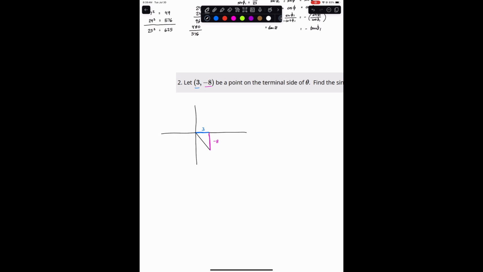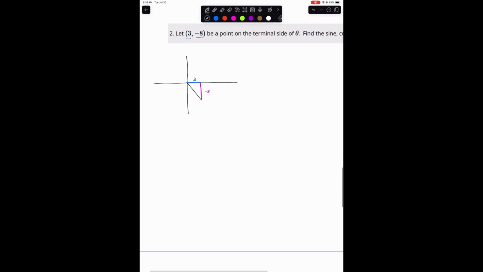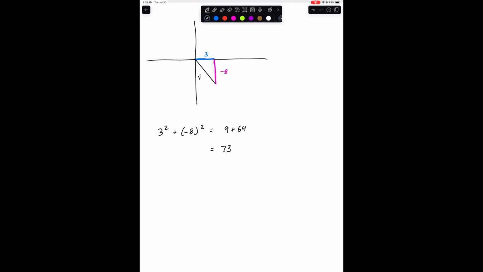Now, for this question, we have to find the hypotenuse manually. 3 squared plus negative 8 squared is 9 plus 64, which is equal to 73. That means our hypotenuse is square root of 73.